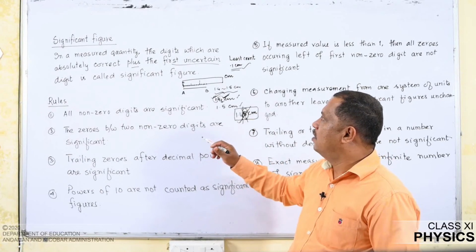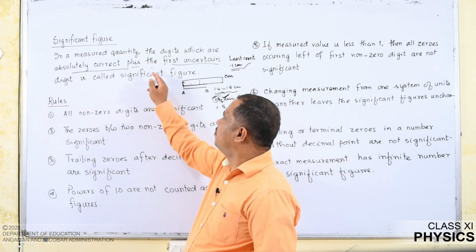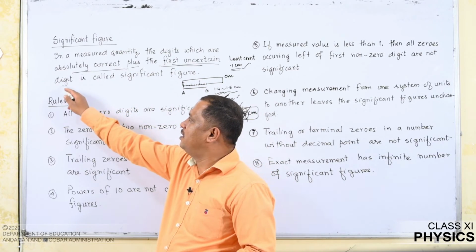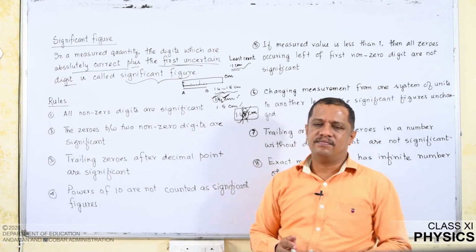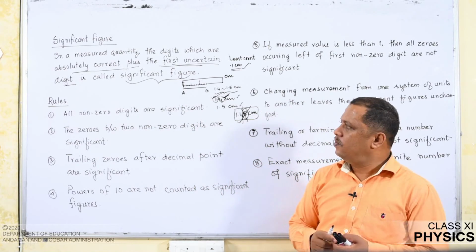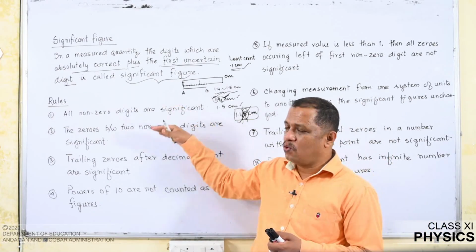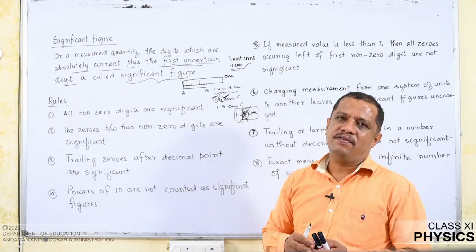So, therefore, in a measured value, the absolutely correct digits plus the first uncertain digit taken together, we call it significant figures. Hope you understood. Now, we have certain rules to count the significant figures.